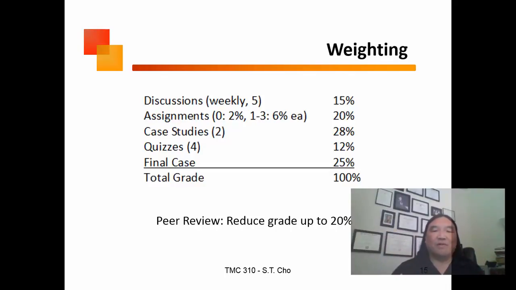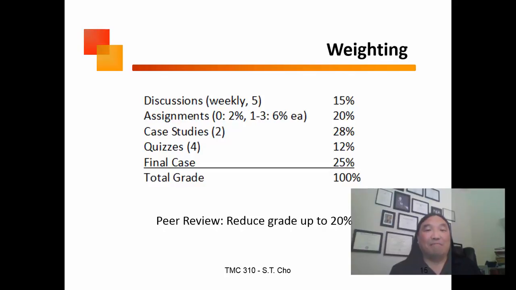The thing about the final case is, what's the problem with teamwork? You get free riders. You get people who don't pull their weight. So what do you do about them? Well, what we do in this course is at the end, you'll do a peer review.